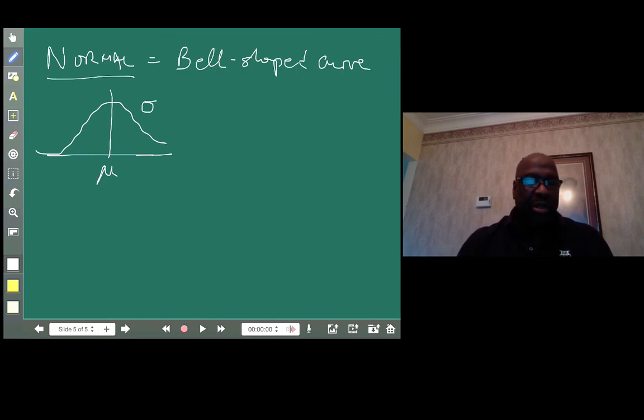The normal distribution is what we call a continuous distribution, and the reason it's continuous is that the values on the x-axis can go anywhere between negative infinity and positive infinity. Let's take, for example, time as our variable.